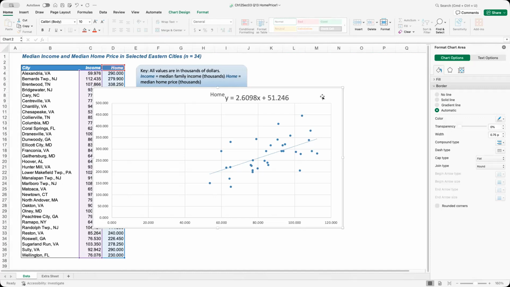But now I could predict if the median income was $40,000. That's not a number that's in any of my data here, is it? But I could take that equation and plug in 40, and you could tell me how much a house would go for if the median family income in that neighborhood is $40,000. What's the price of a house?